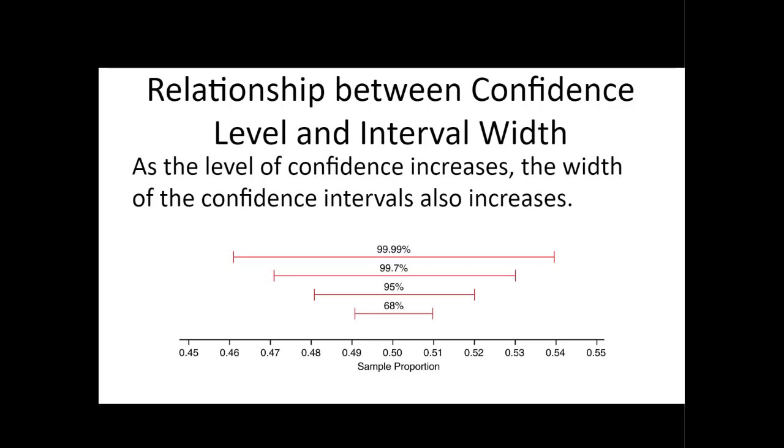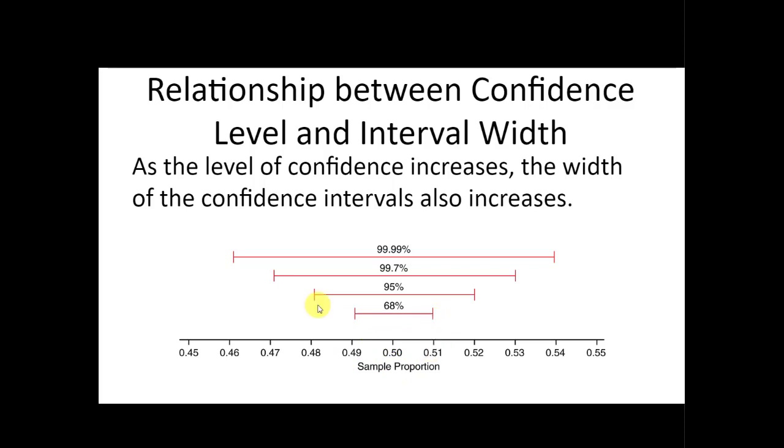Let's look at these numbers right here. Let's just say our population proportion was 50%. We would have a 68% degree of certainty that if we believe the sample proportion is 50, then if it's not 50, it's between 49 and 51.